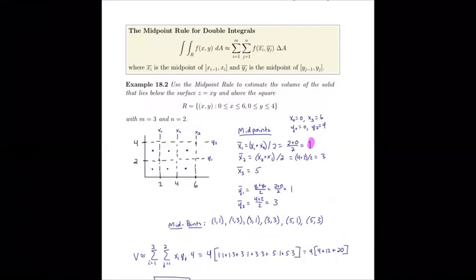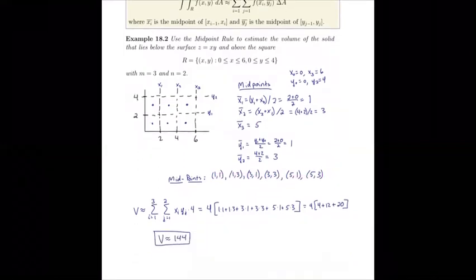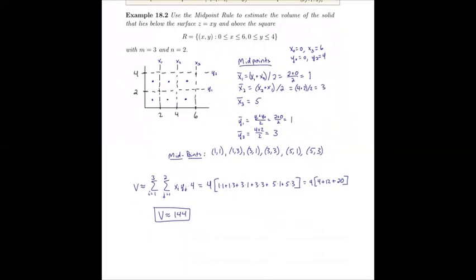The formulas are there if the numbers aren't very friendly. It's quite possible that we'll see fractions show up in these as well. So we've listed all the midpoints that we're going to use for all of these subrectangles. Then the formula is essentially the same, only now we're using x_i bar, y_j bar. We should be clear that there should be a bar above there so we know we're using these midpoint values.